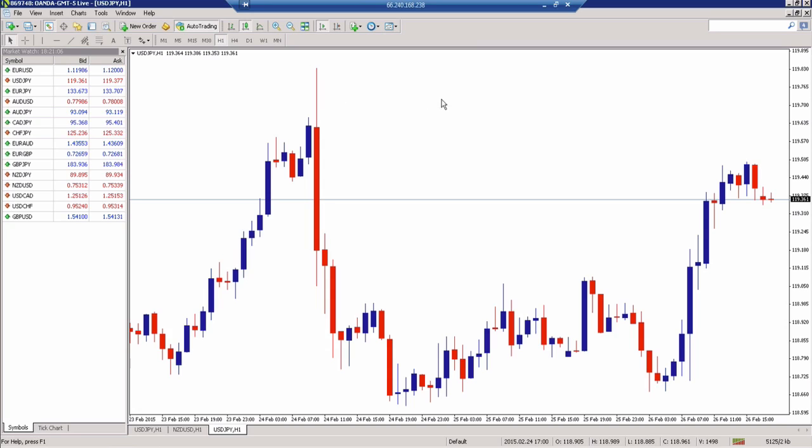So use the platform. I've got it opened here. It's showing the US yen 1 hour trading chart. Each candlestick represents 1 hour, and if price is rising, then a blue bullish candlestick is created with the closing price above its opening price.